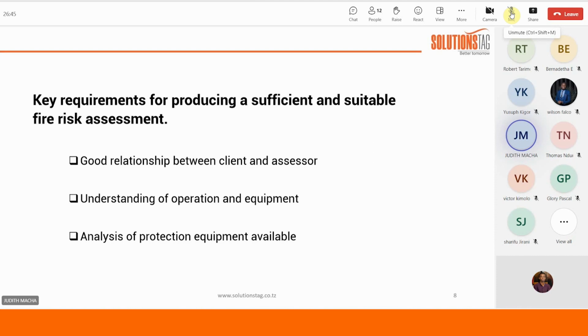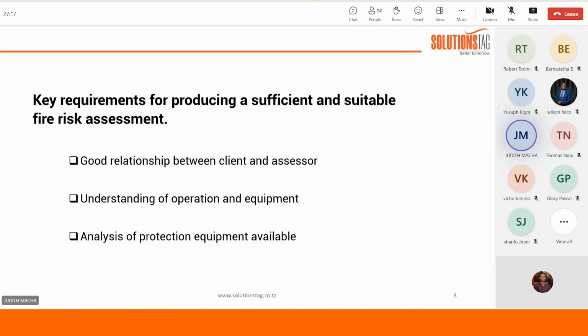The assessor needs to have access to whatever information can be of importance to his assessment, and the client, since he is the owner of the premises or the operation, might have a deep understanding of his own operation, so he has to be there to provide whatever necessary details an assessor may need to come out with a suitable and sufficient report of this assessment.